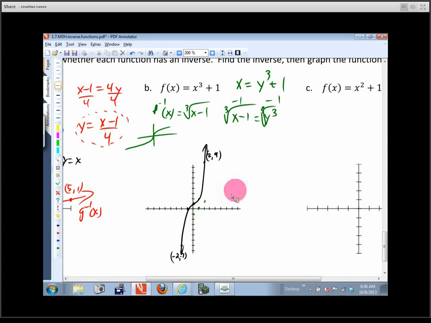Okay, that's bad. So if this is f inverse. Does it look right?